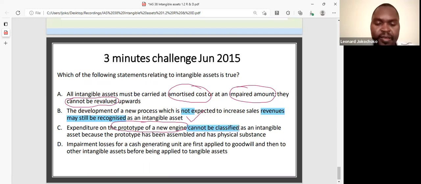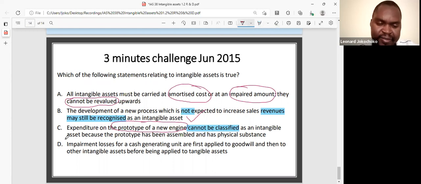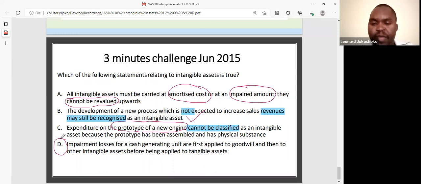Item number D says impairment losses for a cash generating unit are first applied to goodwill and then to other intangible assets before being applied to tangible assets. This particular requirement wants to see if you know IAS 36. In our lecture on IAS 36, we saw that it is correct that impairment must be allocated first to goodwill.